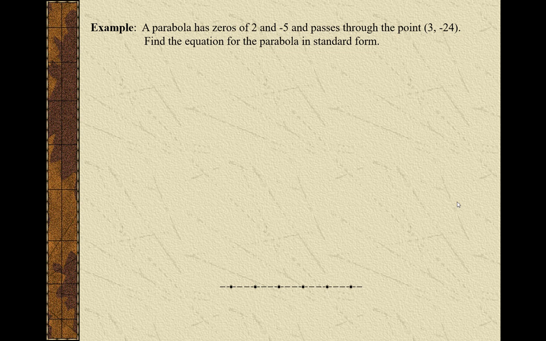I'm going to do this question in 2 parts. The first part says, let's pretend I didn't see this point over here, this 3, -24. Exact same question, but I said, make me an equation that has zeros of 2 and -5. You'd write that. You'd go, well, put anything you want out front.